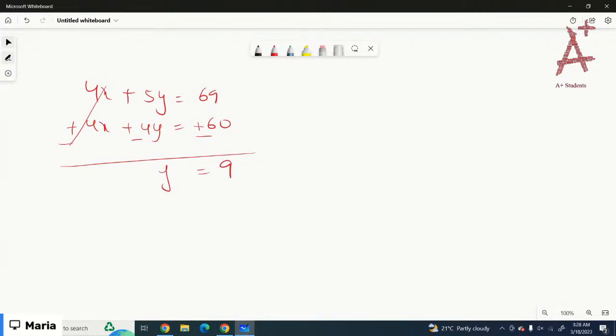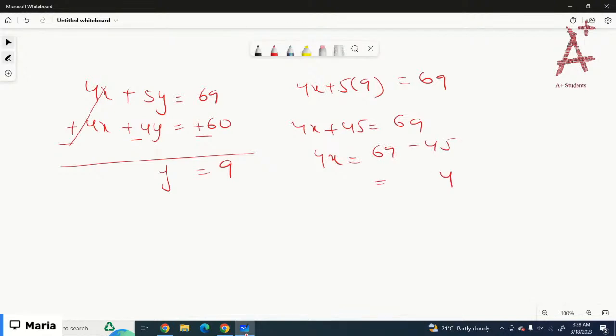Got it? So let's just substitute y equals 9 in any of the equations and you can get the value of x. 4x plus 5 times 9 equals 69. So it is 4x plus 45 equals 69. So it would be 4x equals 69 minus 45, which is 24. It is 4x equals 24. So divide both sides by 4.